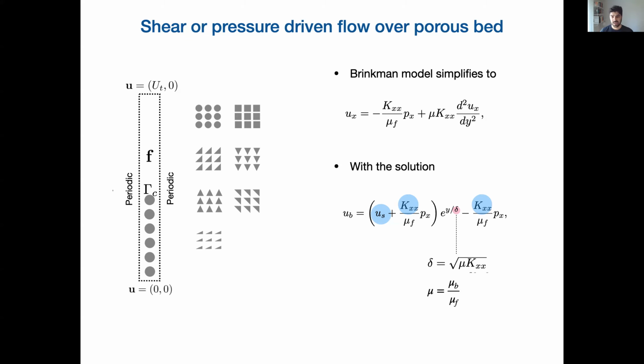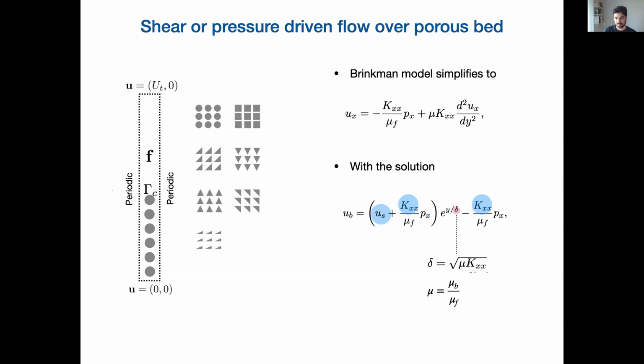And what is circled here in blue are the three parameters that need to be determined to have a unique solution to the Brinkman model. So U_S here is the slip velocity at the interface. The interface is a plane which we are placing on the crest of the porous material.